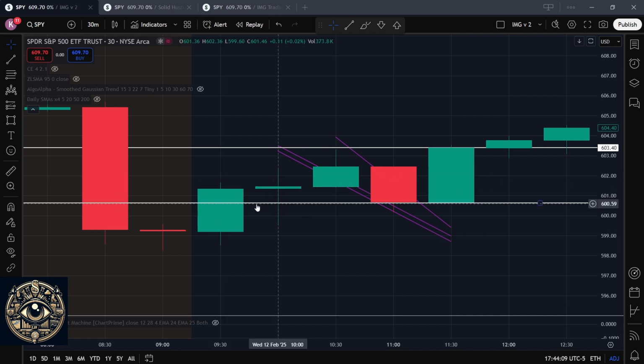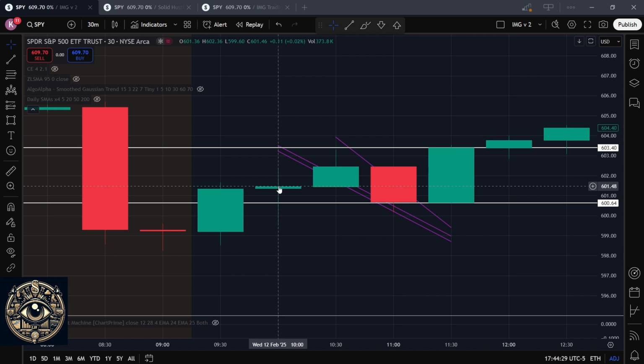What this is telling you is that in this 30-minute window, the price opened up here, got pushed all the way down here, all the way up here, and closed here. That's all it's telling you.